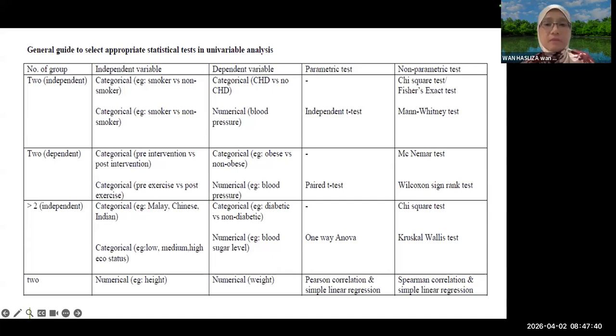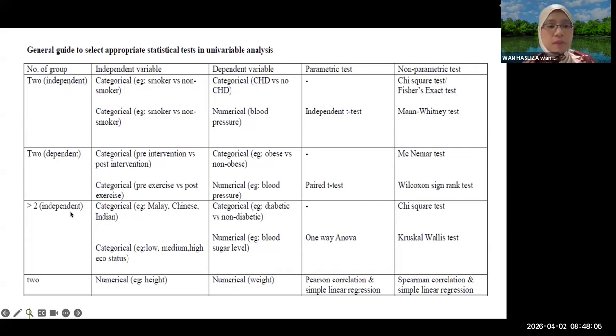If I check the assumption and it is a non-normal distribution, I have to use the Mann-Whitney test. So this is what I informed you earlier: the type of data will determine which statistical test is suitable for your study. Okay, so this is for only two groups.